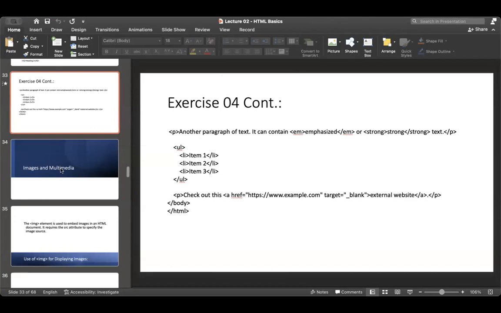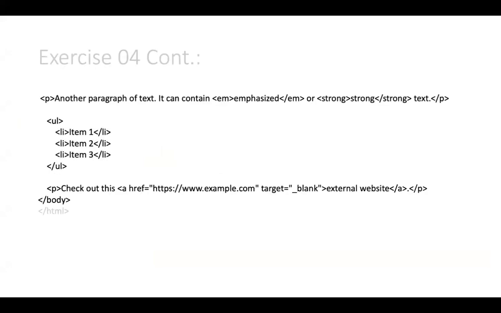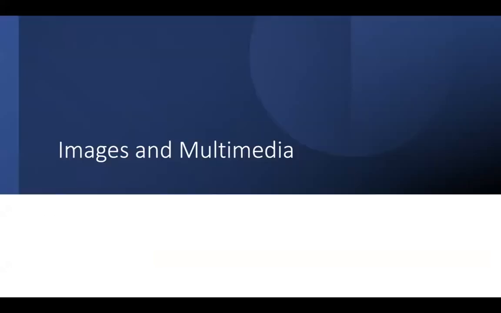To the next one, let's see. Images and multimedia. So if we talk about the images and multimedia, we can display images, then we can give multimedia elements like audio, video within our web page.